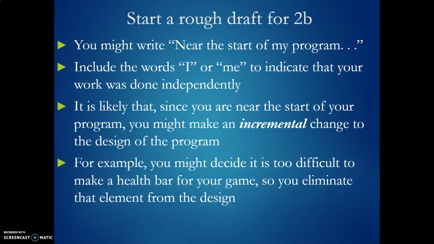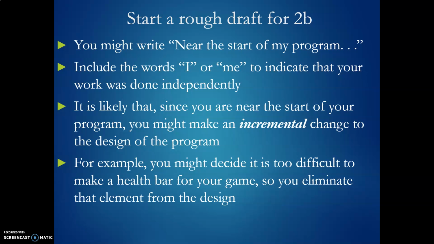You definitely want to talk in terms of what you are doing. All your work for the create task code has to be independent. So always use the words I or me. You don't want to say I got help from my teacher or I got help from my partner, because the code that you're writing about on the create task needs to be your own.